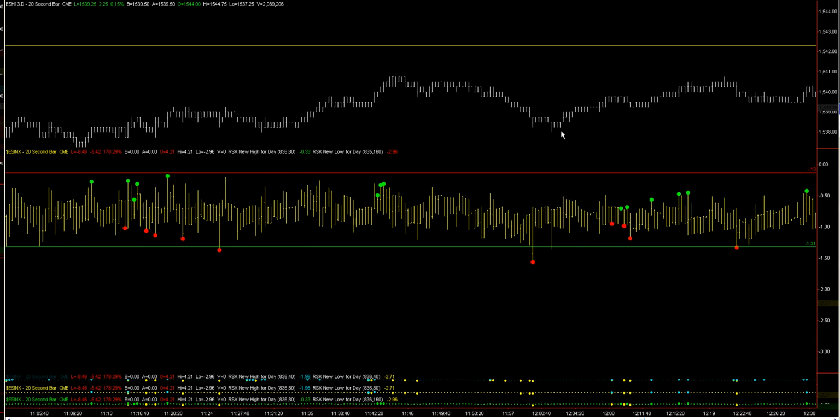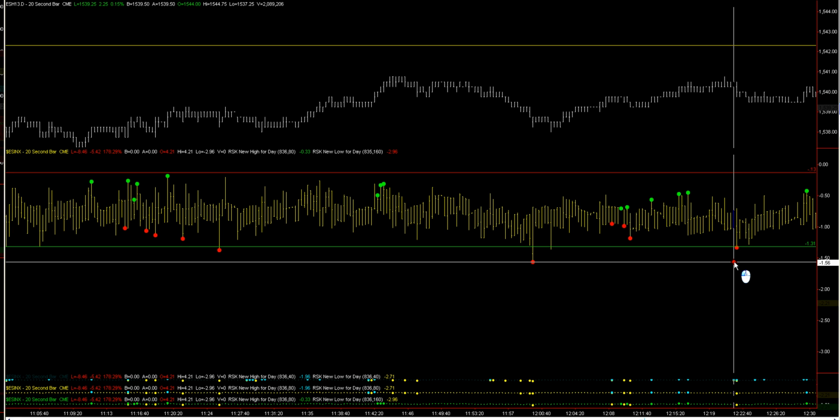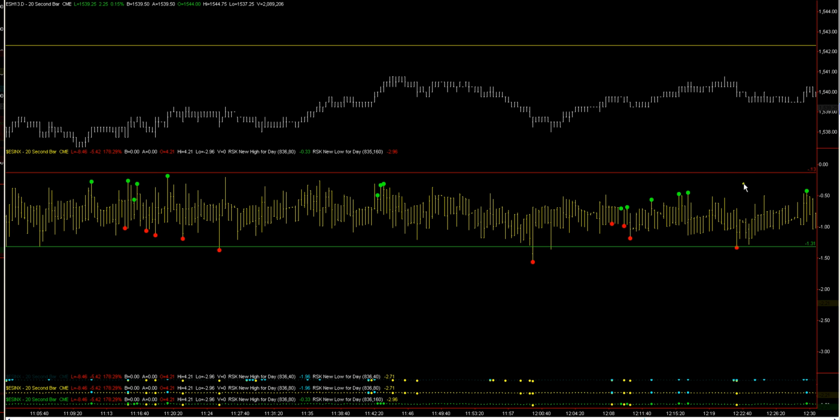Now what happens? All right, we're getting higher highs on the premium, but they're not high enough. Look at these highs here compared to here. There's not a lot of strength to the upside here, unfortunately. And then we get that low on the premium. It should drop a little bit. It does.